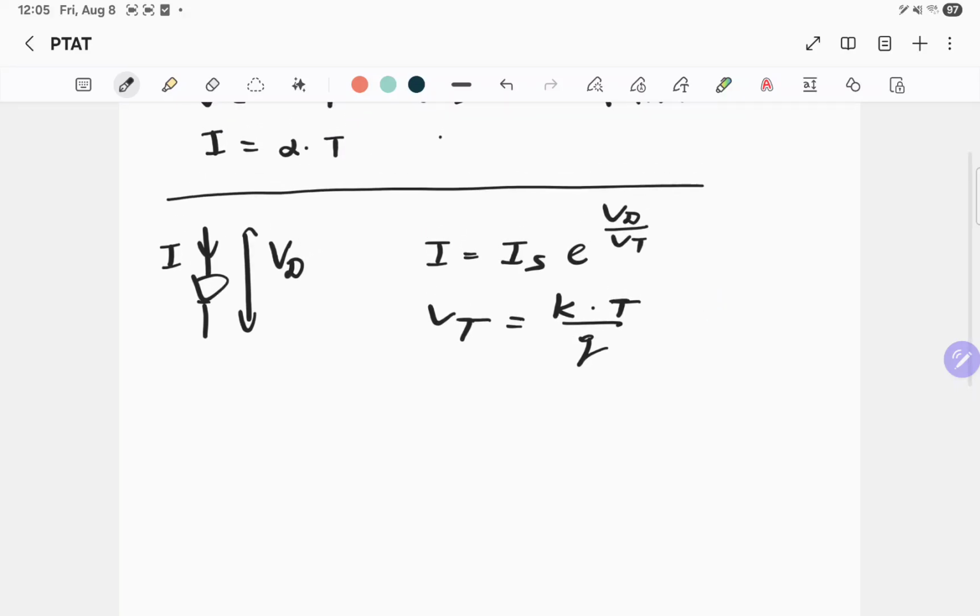In this formula we immediately notice that this thermal voltage is actually proportional to T with the coefficient K over Q, and the K over Q is a positive constant. So in fact the thermal voltage is a PTAT reference voltage.